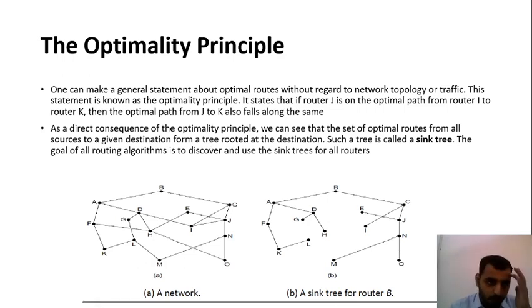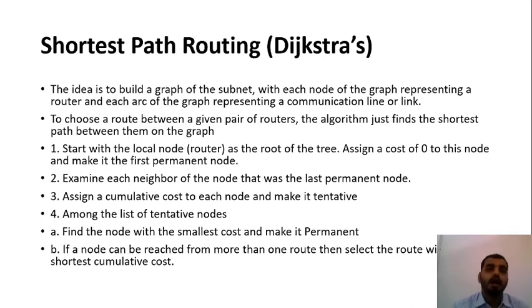Now moving towards the next type of routing algorithm, which is shortest path routing. What do you mean by shortest path routing? In this type of algorithm, we will see the shortest possible distance from one router to another router, or from one computer to another computer.